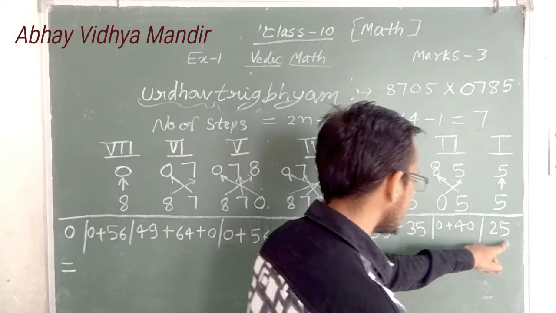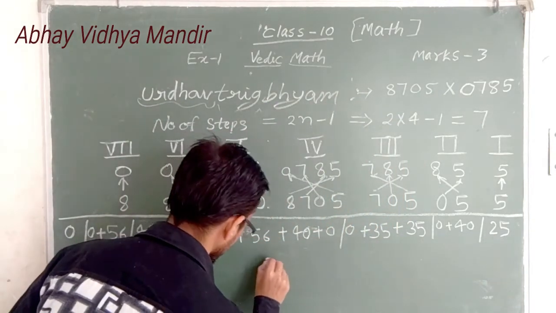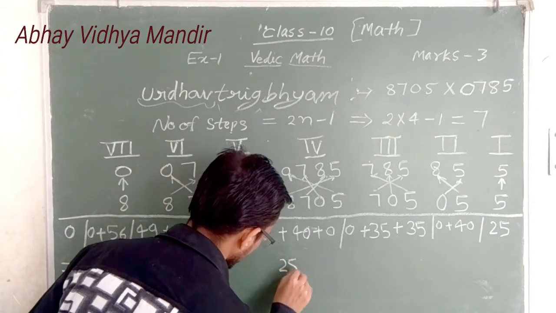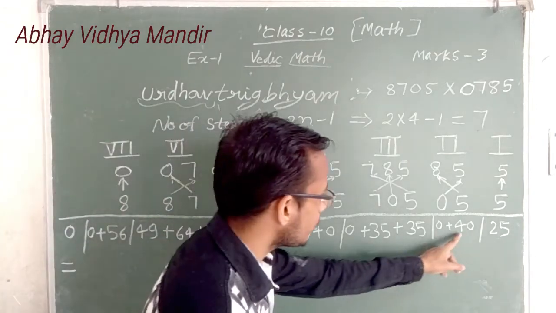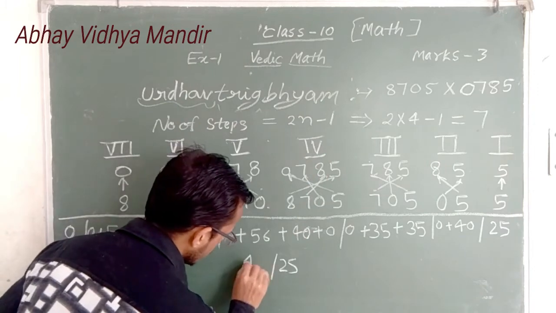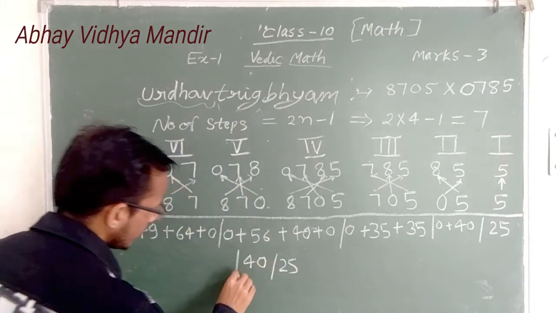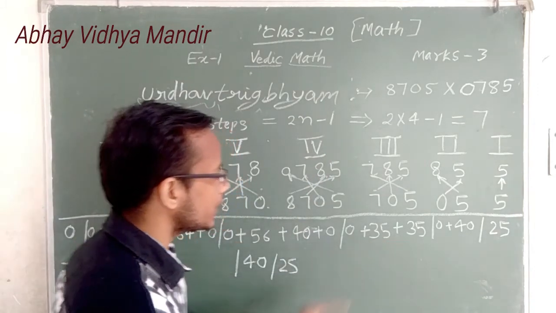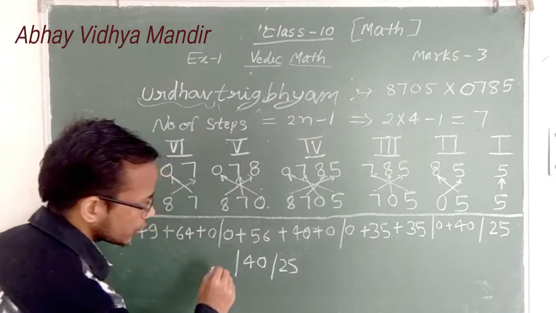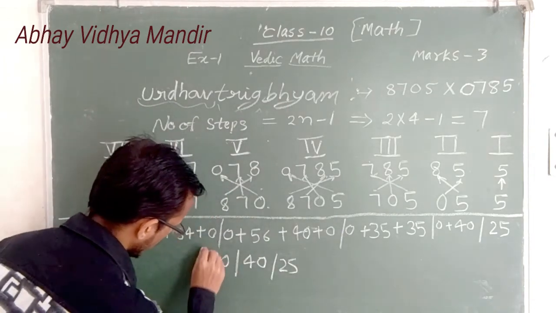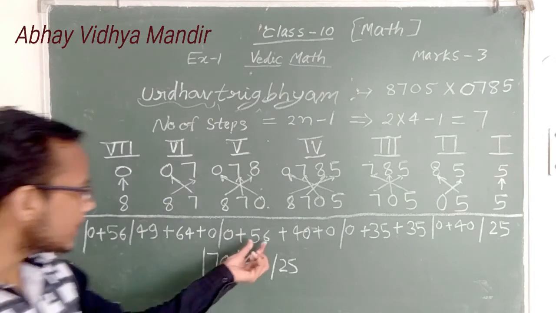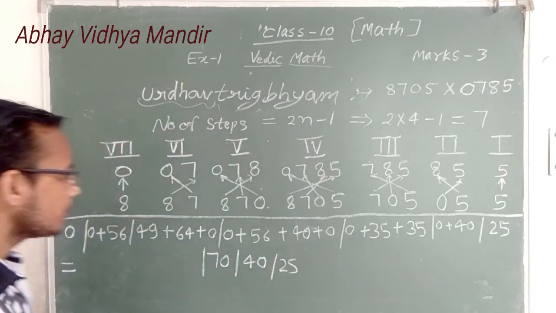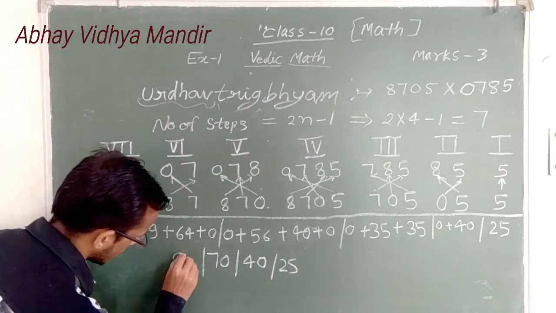Now solve it. 25. Oblique: 0 plus 40, 40. Oblique: 35 plus 35, 70. Oblique: 56 plus 40, 96.